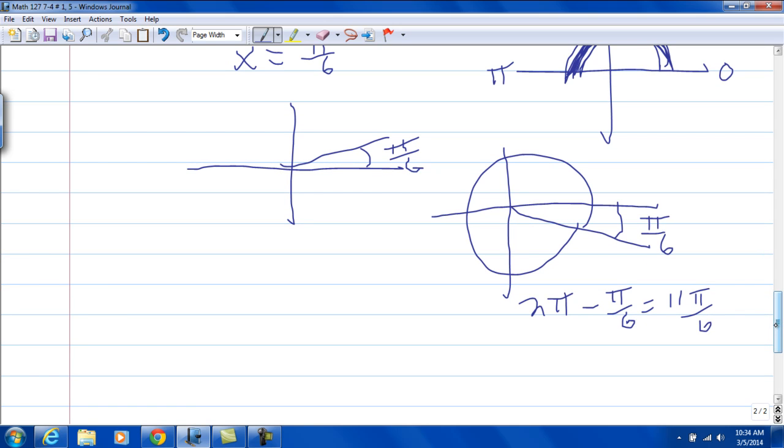And as we saw in the last problem, the solutions are going to be pi over 6 plus 2n pi, because it's cyclical, or periodic. You're going to have these infinite solutions. Every 2 pi, you're going to have a solution show up. And x equals 11 pi over 6 plus 2n pi.